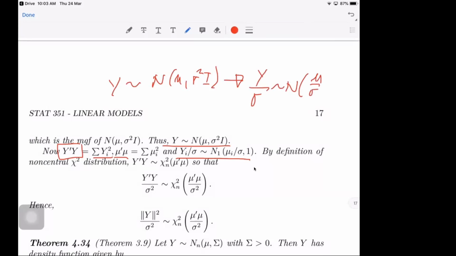Mu over sigma, okay, it's a scalar. You divide each mu_i by sigma, sigma squared.